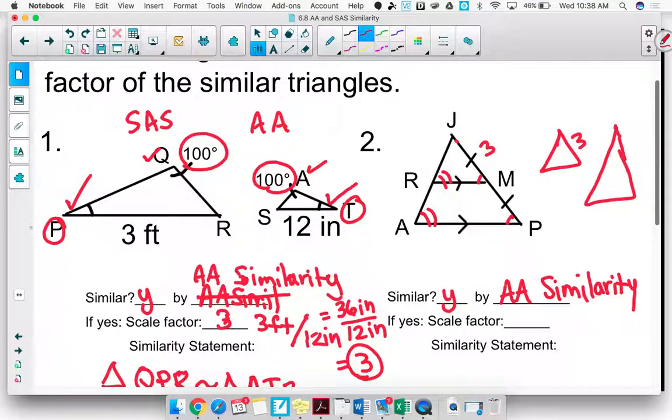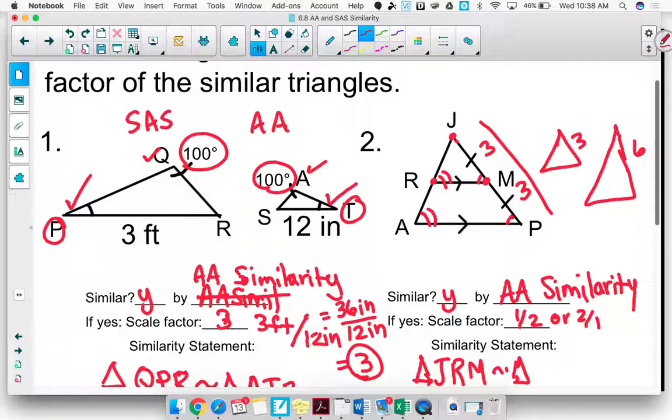If the little one has an edge of 3, the full right side on the big one would be 6. So our scale factor is either 1 to 2 or 2 to 1. It's basically twice as big. Similarity statement, again, we're naming our triangle, so I'm going to go top, left, right. So that would be triangle JRM, and then that's similar to top, left, right would be JAP.